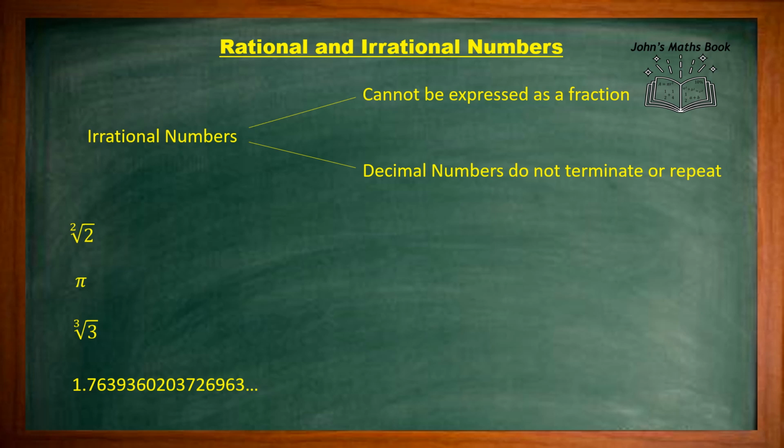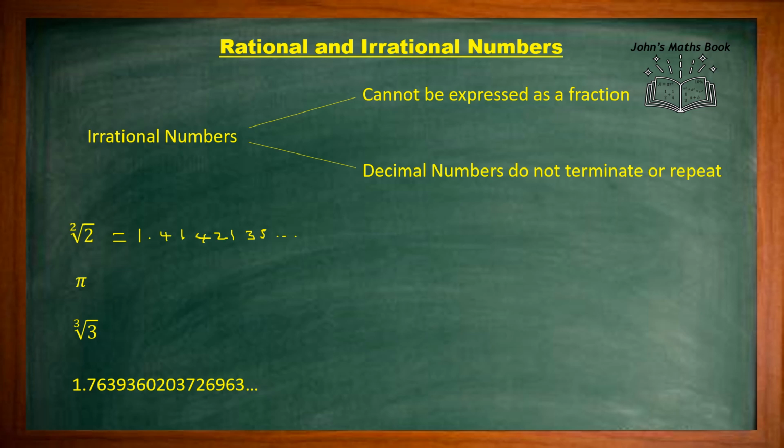Now, as a decimal, if we actually take the square root of 2, it works out to be something like 1.4142135, and it just goes on. So this is known as an irrational number because the decimal part does not repeat or terminate.